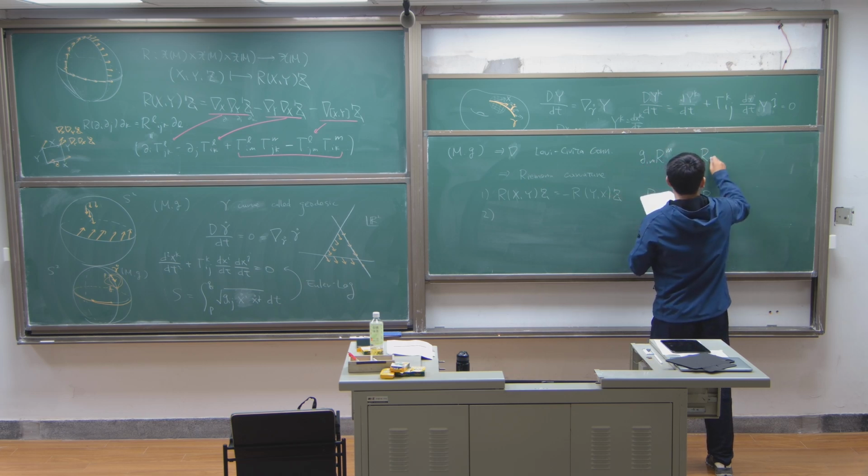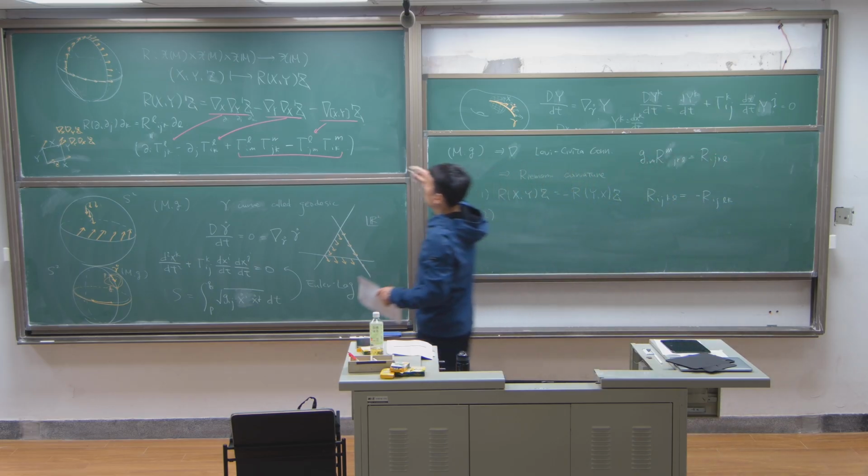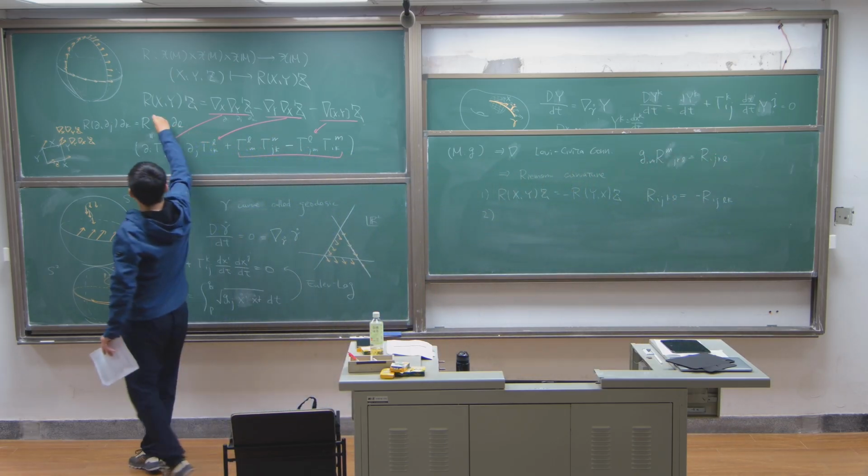So this is R_IJK, so just use the upper index here and bring it down.